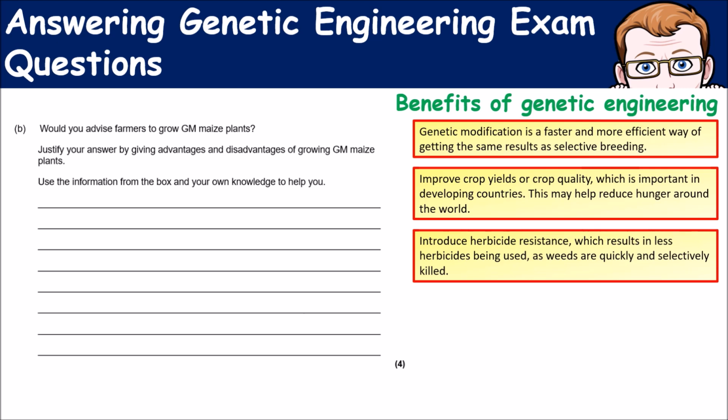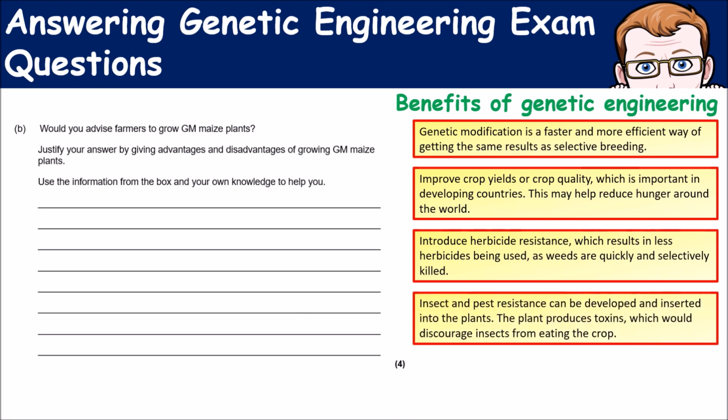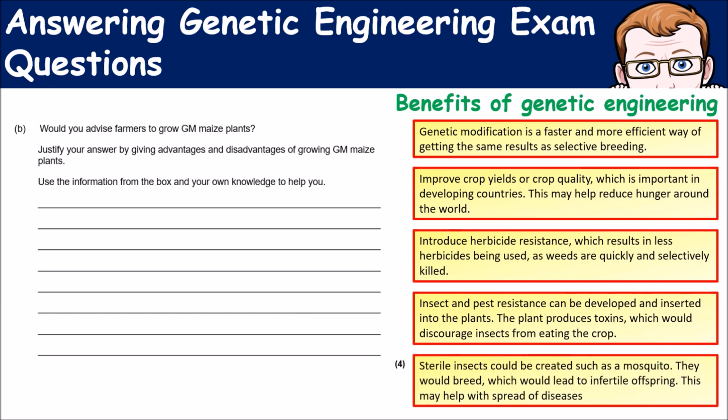It means that we can introduce herbicide resistance and pesticide resistance without using weed killers, and we can discourage insects and pests from eating the crops. So the question said, what would you advise farmers to do with GM maize plants? Justify your answer, giving advantages and disadvantages.